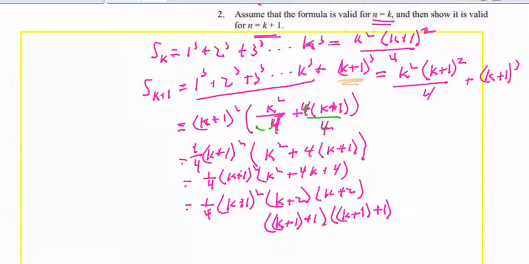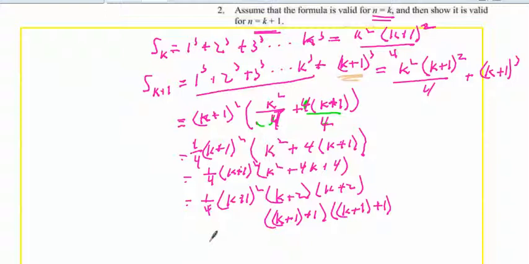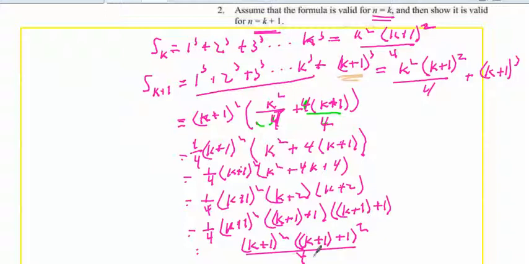Which means we've got this 1/4 here, and (k plus 1) squared times (k plus 1 plus 1) squared, all divided by 4, which is exactly what we wanted.